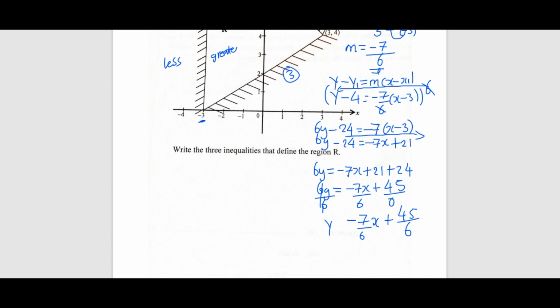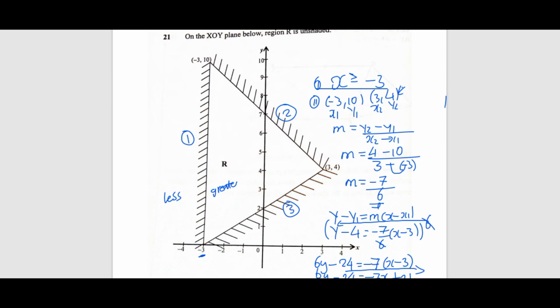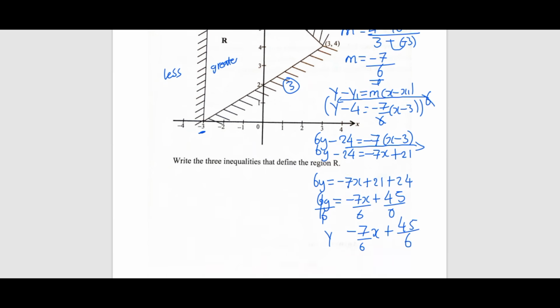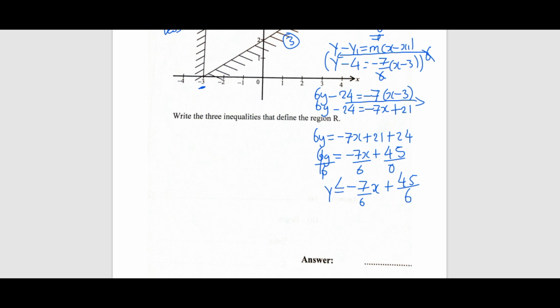Then let's look at the region of interest. So the upper is greater, the lower is less. So we want the less, so we are going to use less than or equal to. So this is our equation.